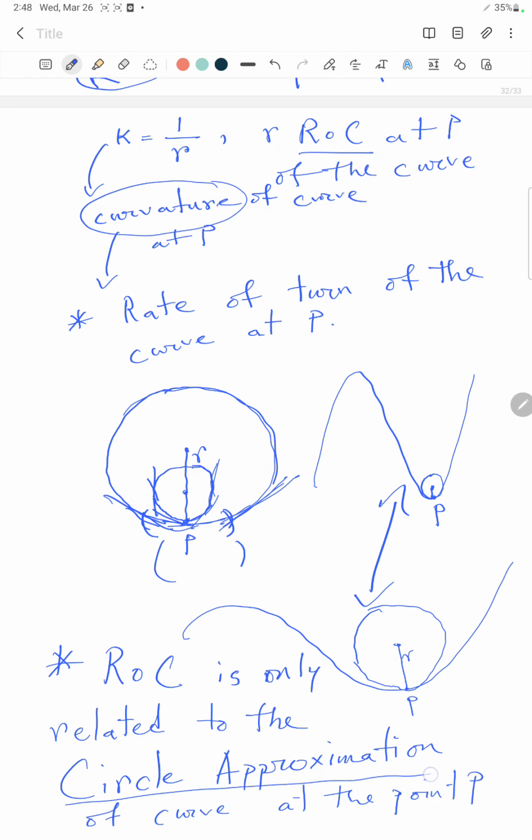You remember this circle approximation. At some point of the curve, we are approximating that curve by a circle. That is the major thing you need to remember. And from that, you can easily derive the formula for the radius of curvature.